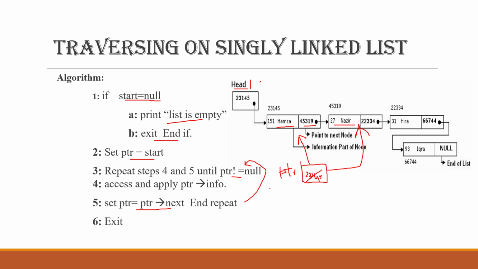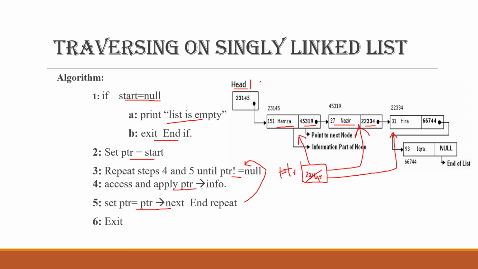Again, we assign pointer equal to pointer next, meaning this address is now going to be assigned to the pointer. Now the pointer will point to the next node. Again we check the condition that pointer is not equal to null. The condition is true. We again access pointer info.